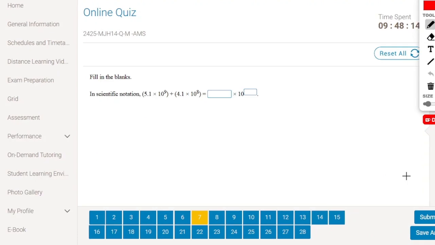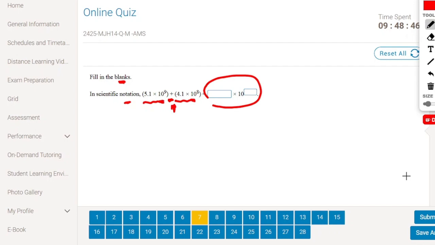Question number 7. Fill in the blanks. In the scientific notation, 5.1 multiply 10 power of 9 plus 4.1 multiply 10 power of 8 equal to something. Okay, here, let's see these numbers. When I'm adding two numbers having scientific notation, I have to look to the power of the 10 here.